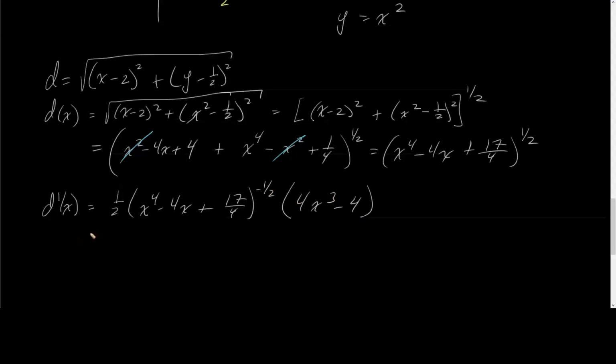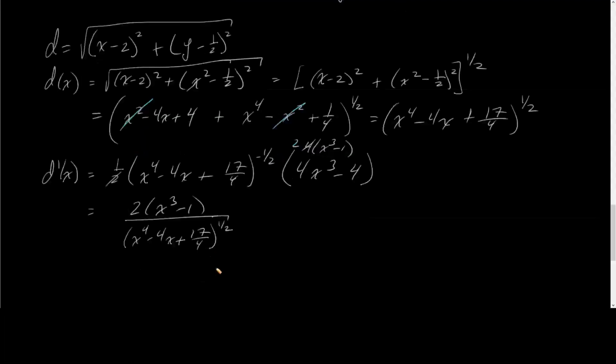And essentially this in here I can factor out a 4, right? I'm left with x cubed minus 1, and then this 2 and this 4 reduce. So what I end up with here is really 2 times (x cubed minus 1) over (x to the fourth minus 4x plus 17/4) to the 1/2, right?